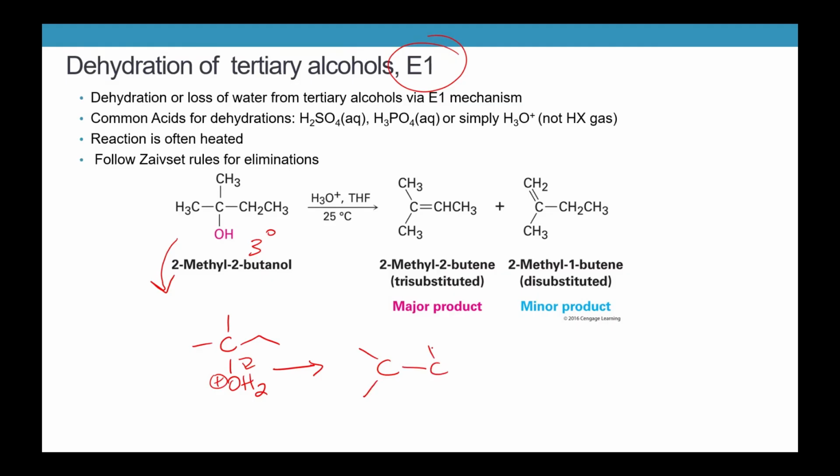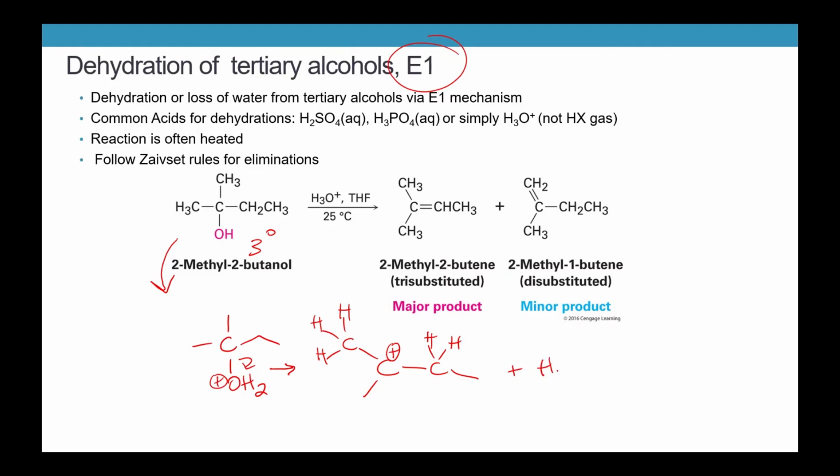And now I do have to show some of those hydrogens. I'll show there and there. So we have two types of substituents, an ethyl and two methyls.